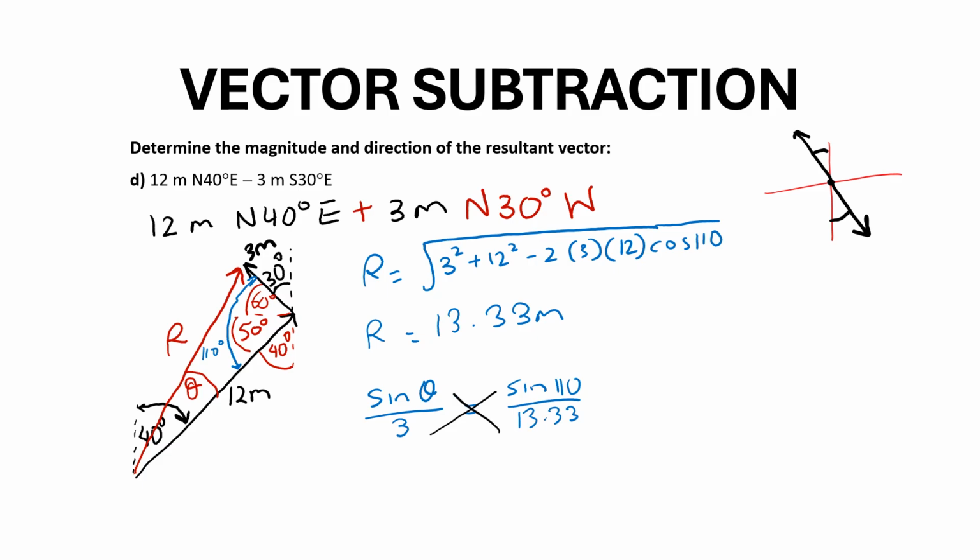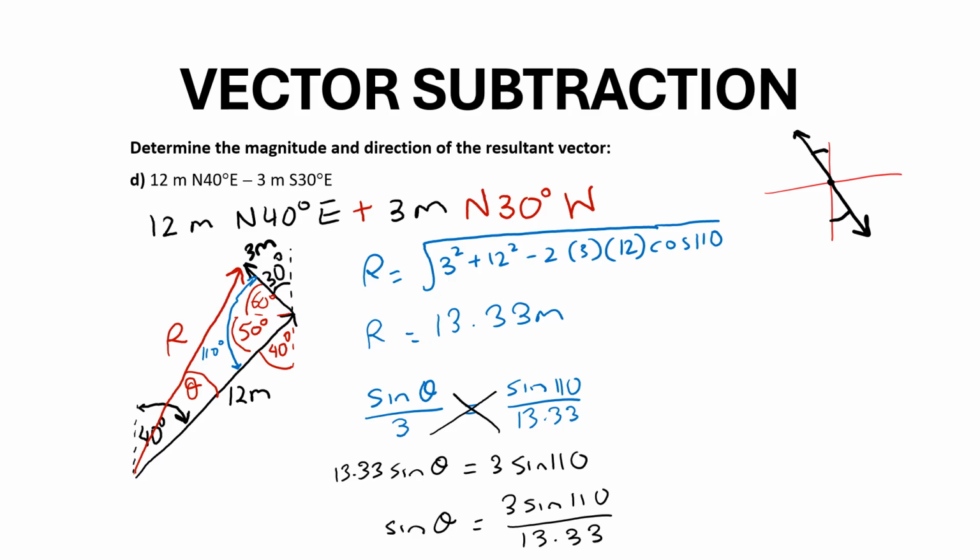Okay, or you can say 13.33 sine theta equals 3 times sine 110. So now sine theta equals, divide both sides by 13.33, we get 3 sine 110 over 13.33. But this will not give you the value of theta.